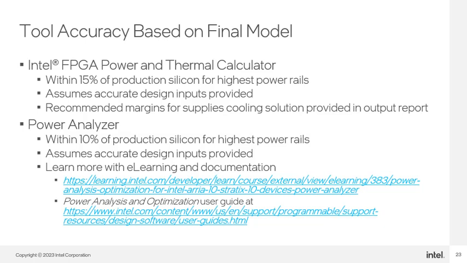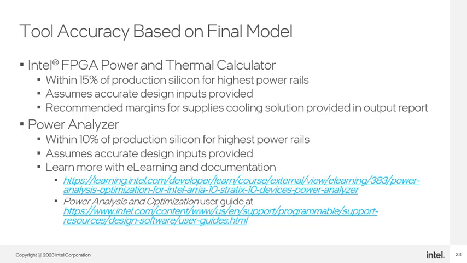If you are using a device that has a final power model, the PTC is expected to provide results within 15% of what you would see for the highest power rails on a real device on a board. This accuracy assumes accurate design inputs have been provided to the tool.